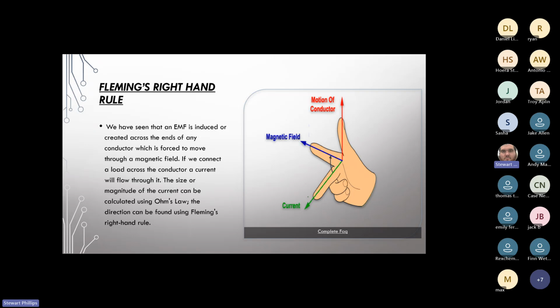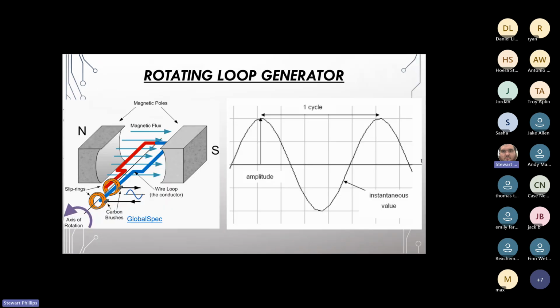If we look at a loop generator, we can see that the magnetic field is flowing across that way. If we were to treat this as a motor instead, we use our index finger for the lines, and we know, for example, that the red conductor is going to move up. So we point our thumb upwards and our index finger in the direction of the magnetic flux.